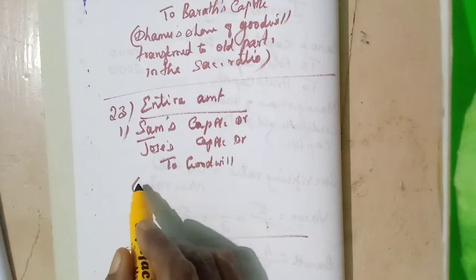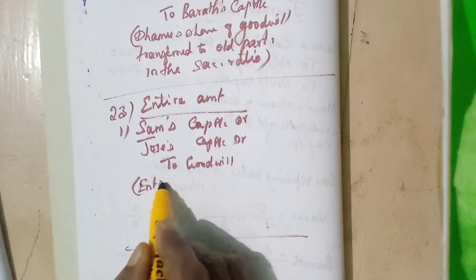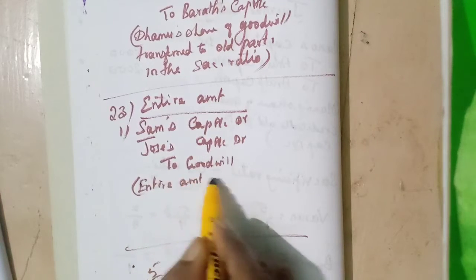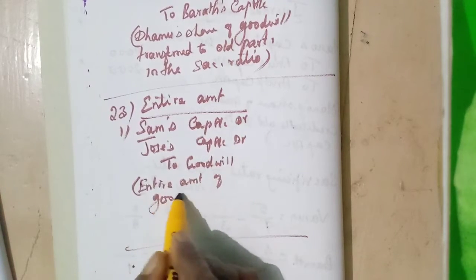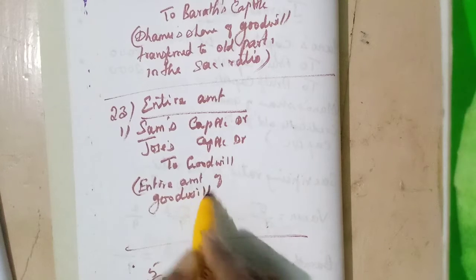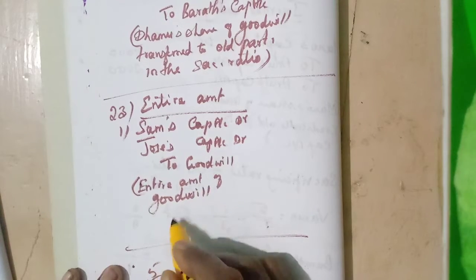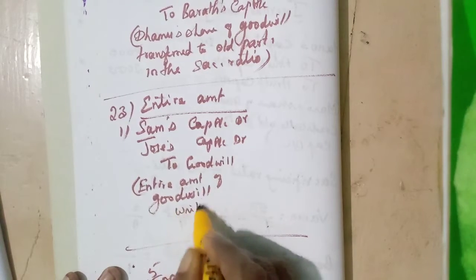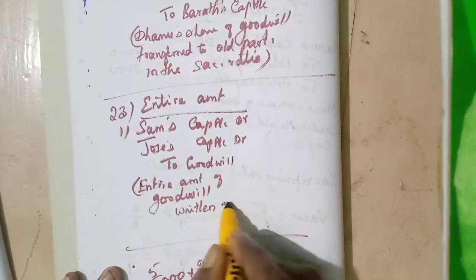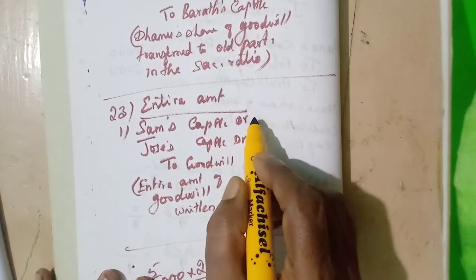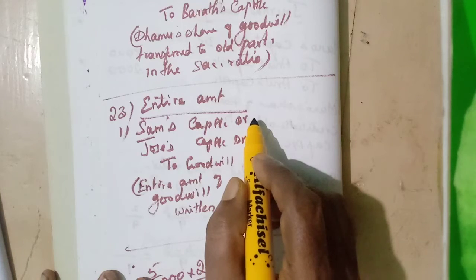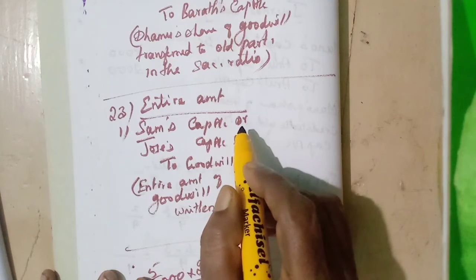Entire amount of goodwill written off. How much?